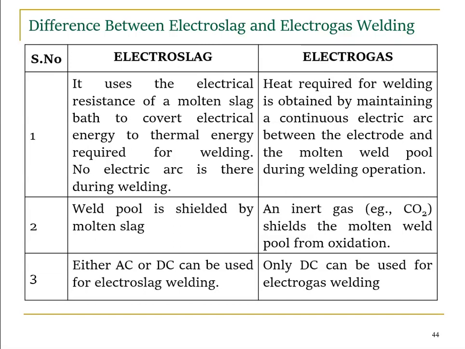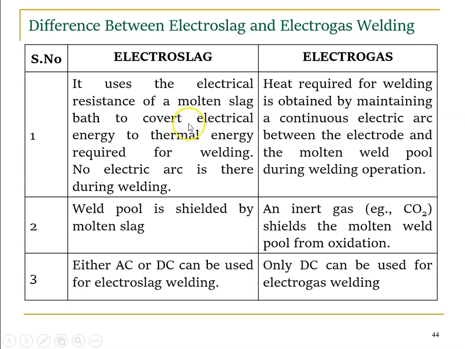So the difference between Electro Slag and Electrogas welding: Electro Slag uses the electrical resistance of a molten slag bath to convert electrical energy to thermal energy. No electric arc is there during welding. This is similar to our submerged arc welding, right? But in Electrogas, heat is obtained by the electrical arc.